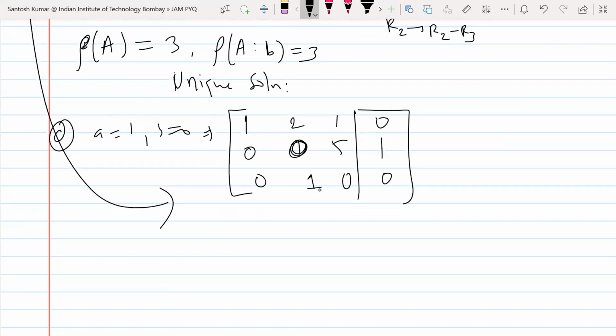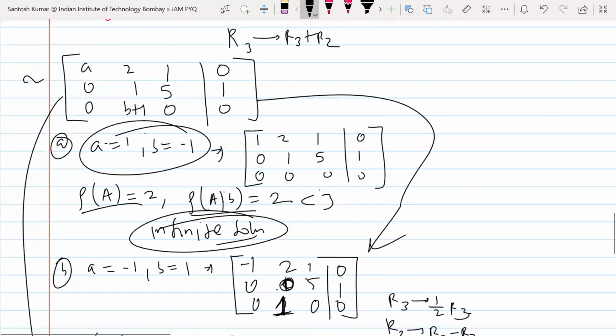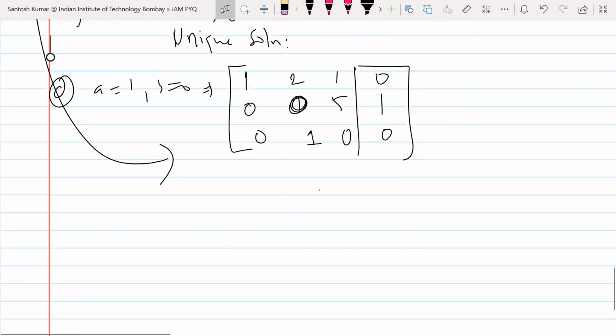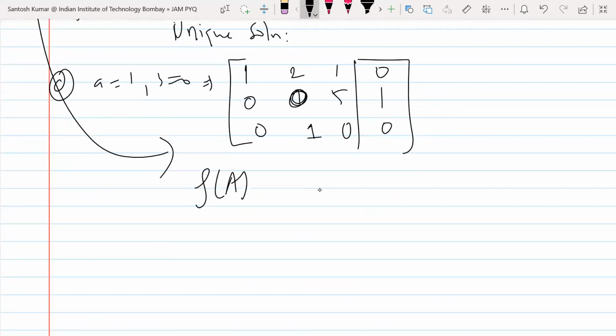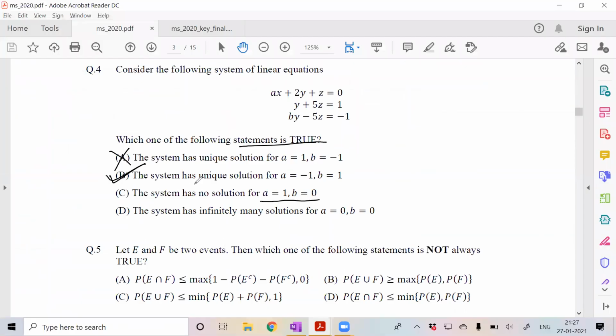One minute, b was 1. Finally, the rank of A again is 3, and the rank of the augmented matrix is again 3. So we get a unique solution in this case. Option C says no solution, so it is wrong.